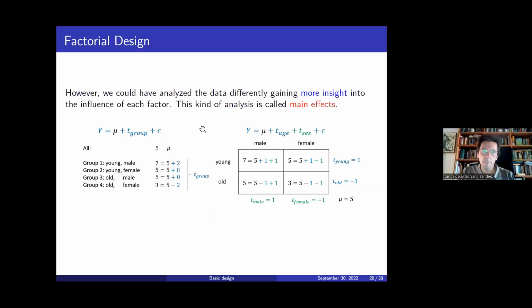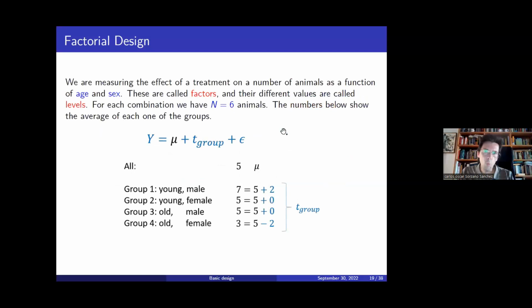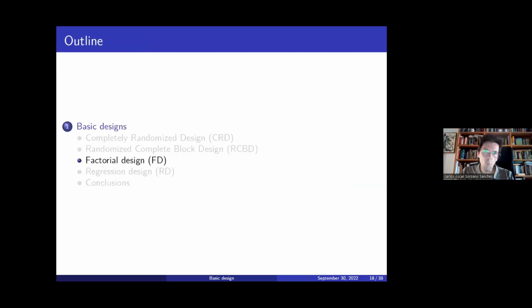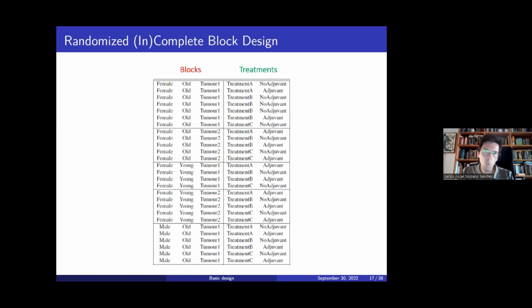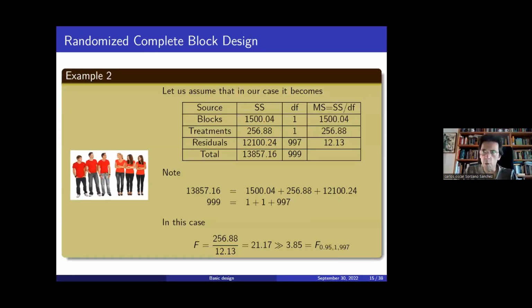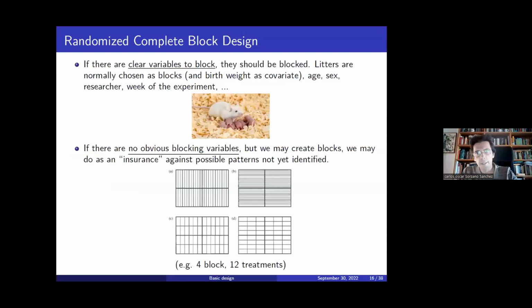So now by analyzing in a two-way ANOVA way, you can attribute which is the variability explained by each one of the factors. We don't have it here, but you would have an ANOVA table like this one, and you would have one entry for sex, another entry for age, another entry for the receiver, and you know how much variability is explained by each one of these factors.